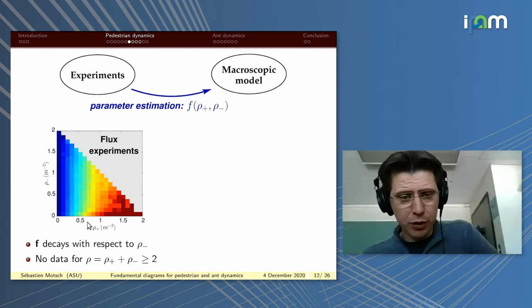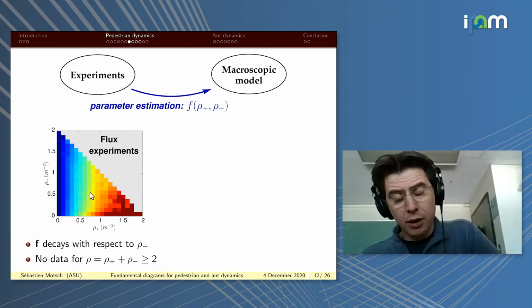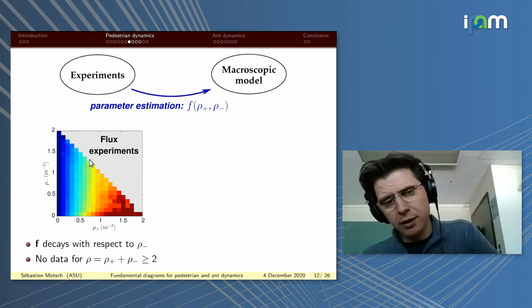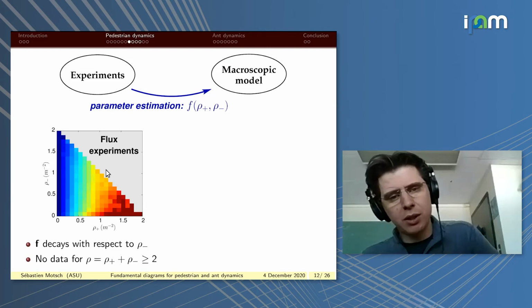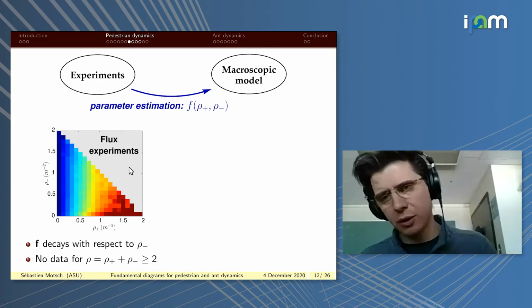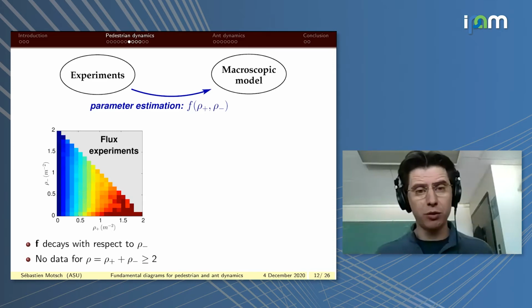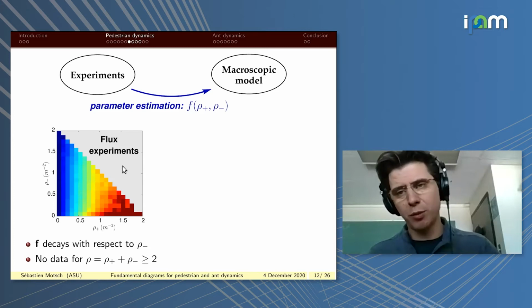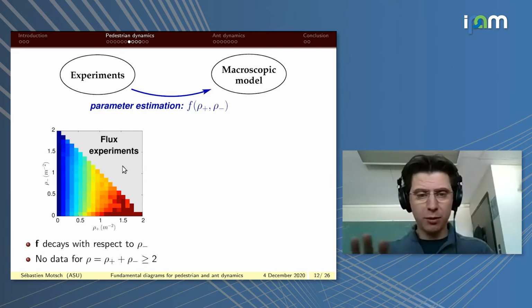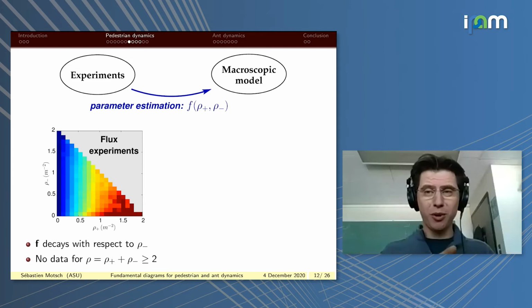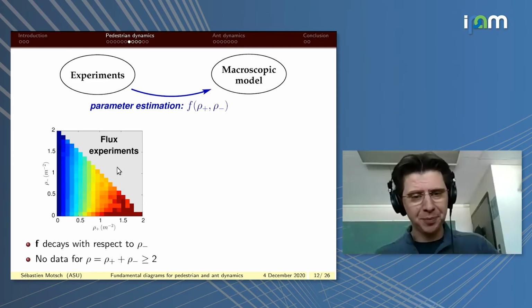So what you can observe in this experimental flux here, first, unfortunately, we don't have that many data points in the very high density region. This is because of some safety concerns. You're not allowed to put as many people as you want in your experiment. This constraint is going to be gone for ants. Ants, we can do whatever, so we're going to have way more. The density is going to go much, much higher.